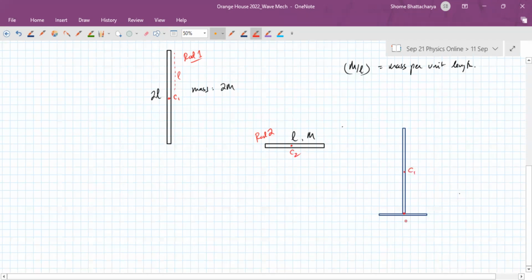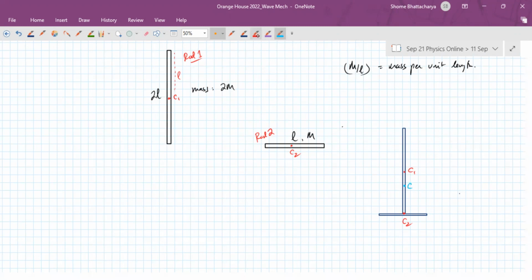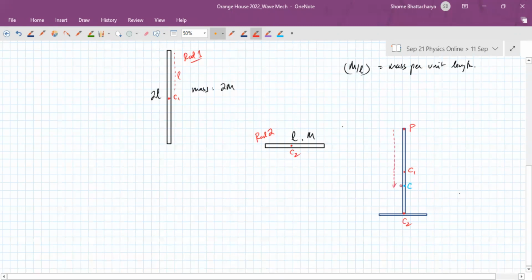This one's center of mass is here. So the system center of mass will be somewhere here, such that with respect to this point P, we want to find this position of the center of mass.